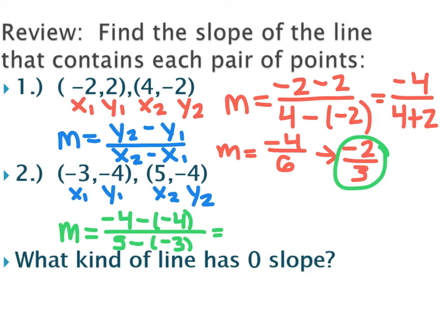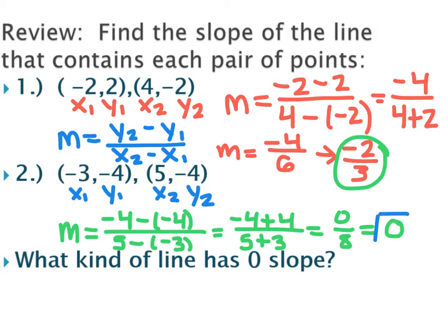This will become negative 4 plus 4 over 5 plus 3. I can simplify this to 0 over 8. And 0 divided by 8 gives me 0. So my slope of this line is 0.